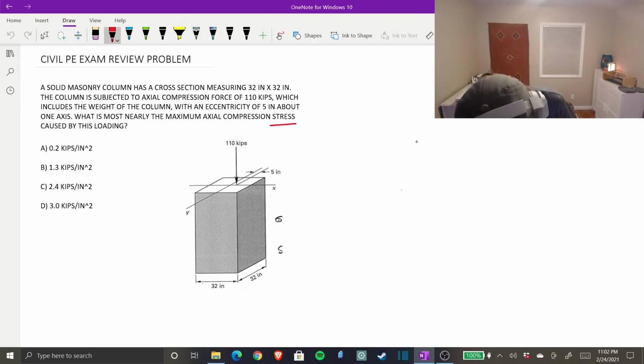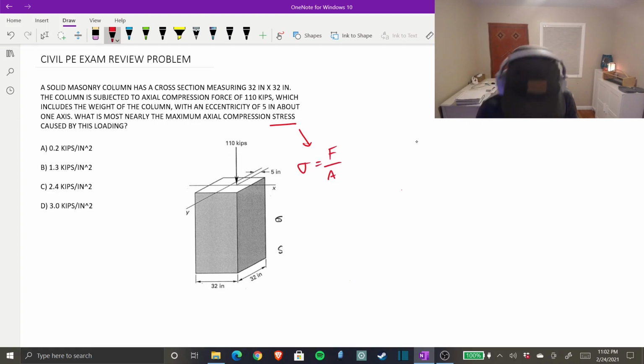But let's just drive the point home. Stress is equal to a force over some area. The force can be any type of units you want. It could be pounds, it could be kips, it can be number of grandmas, it can be stones, it can be cats, I don't care. But it's some force, divided by the area. The area could be inches, feet, miles, kilometers, whatever.